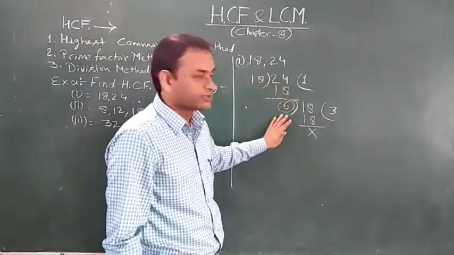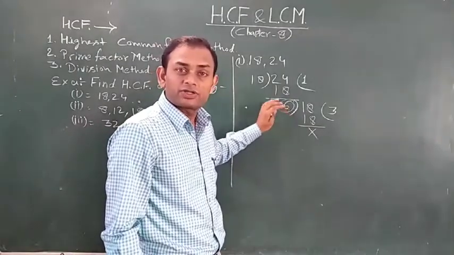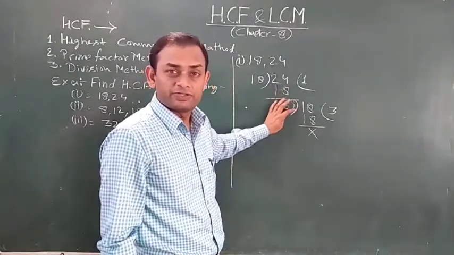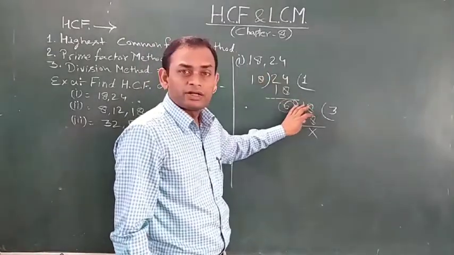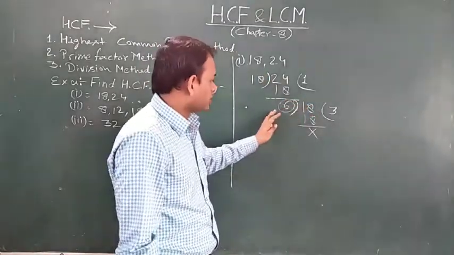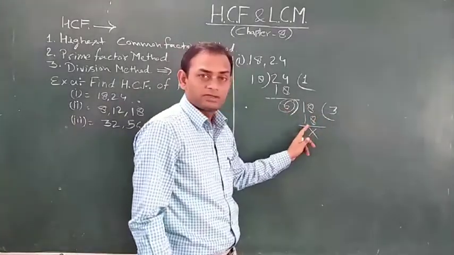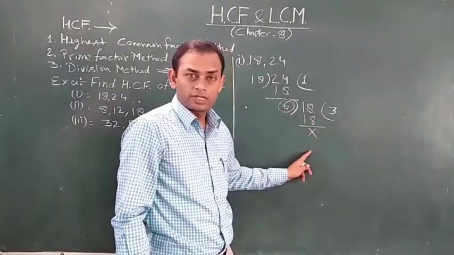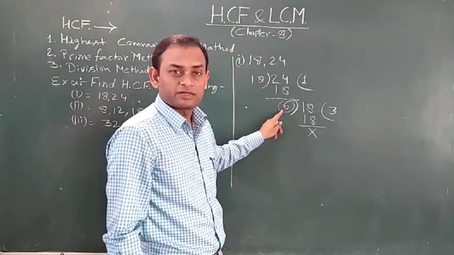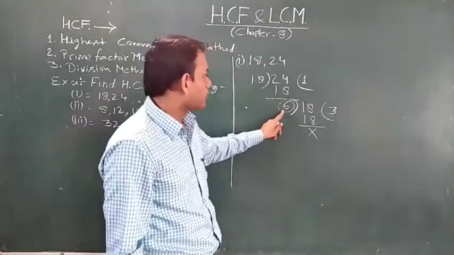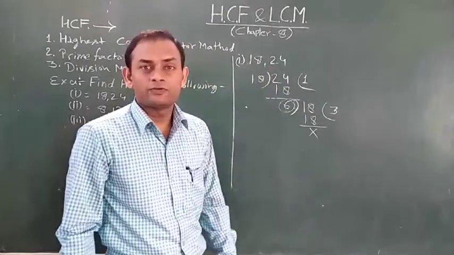What is left? 6 as a remainder. Now this 6 becomes the divisor and this 18 becomes the dividend. Now again we will divide: 6 threes are 18. The remainder is 0. So this 6, which is the divisor here, is the HCF of 18 and 24.